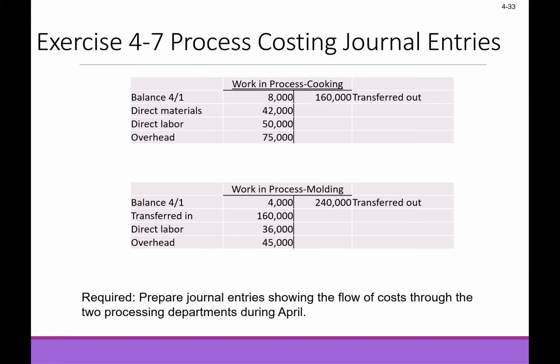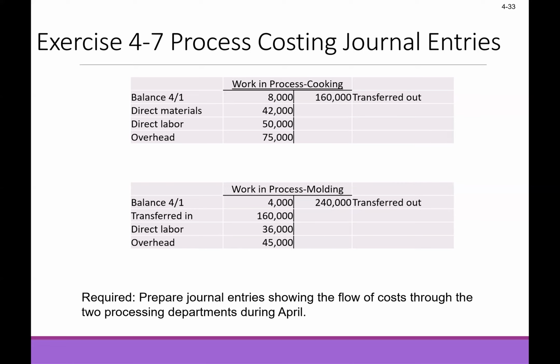And then $160,000 of that cooking was transferred out and transferred into the molding department. The molding department had a beginning balance, along with some additional direct labor and overhead. Then that molding department completed units transferred out is $240,000. Okay.